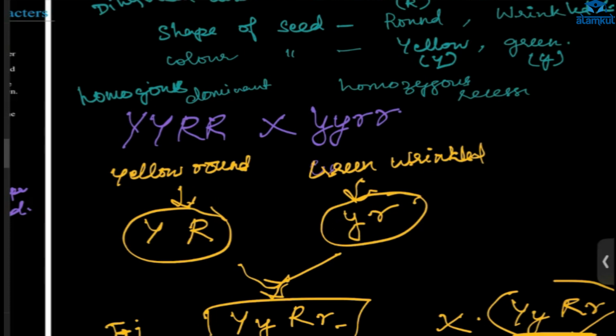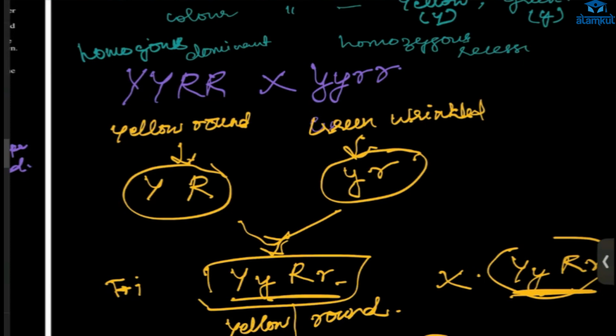Having the same type of allele. That means having same type of allele, that is, either it would be dominant or it would be recessive. In heterozygous, the genotype will contain both the dominant and the recessive allele. Got it? Yes, ma'am.